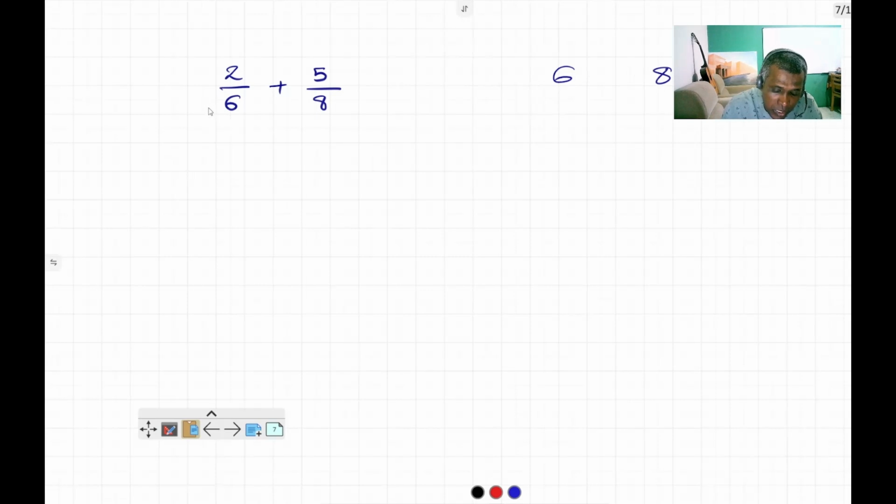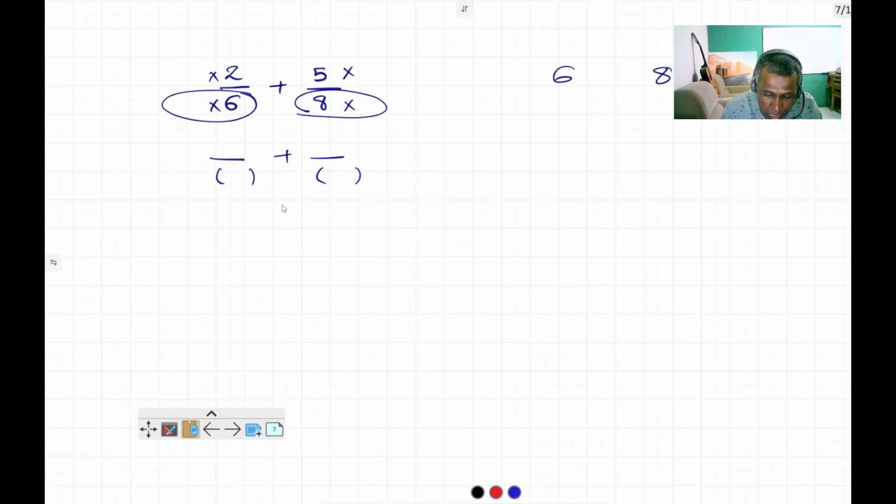I want to multiply each number by something to get something common for them. Then I can add them. So I want to get multiples of these that are common. These two become the same.